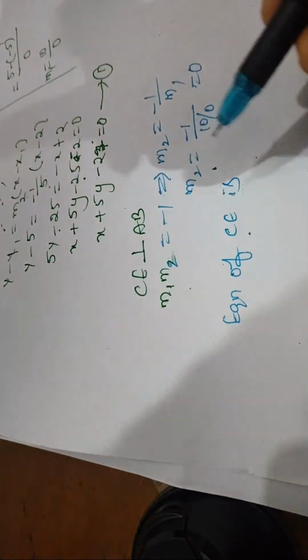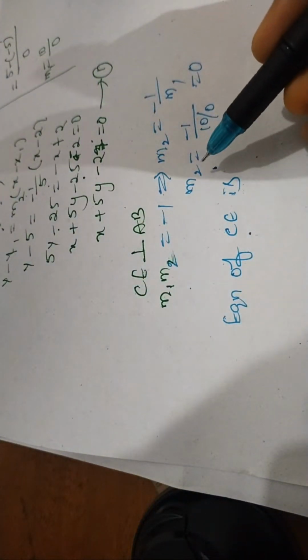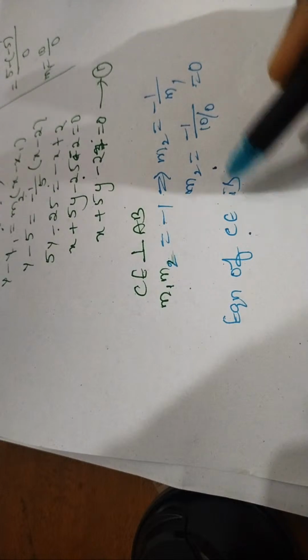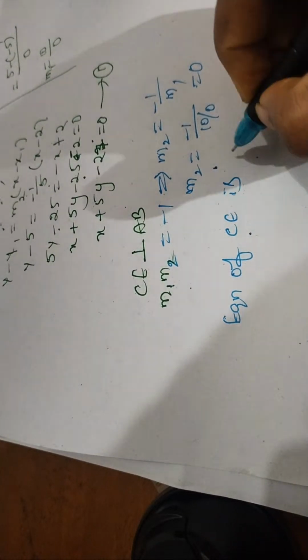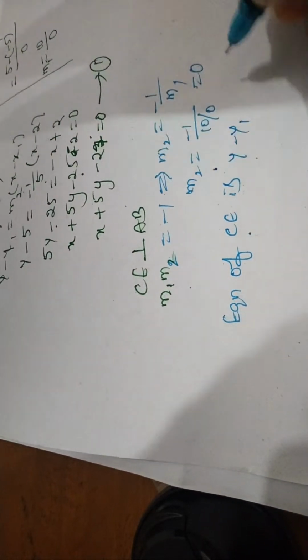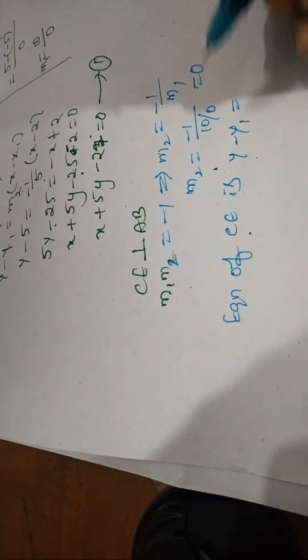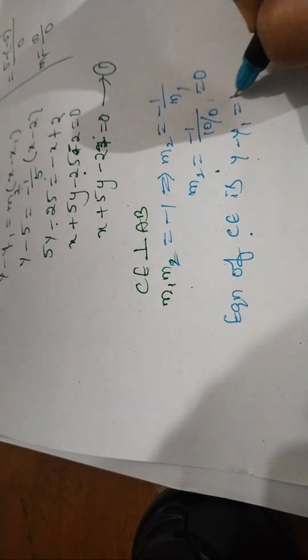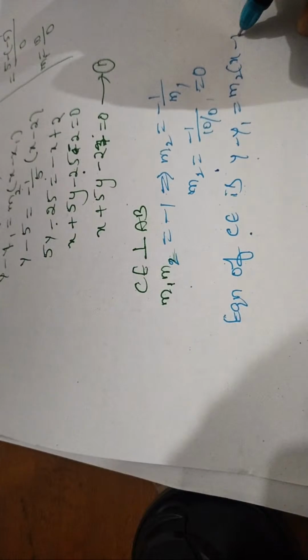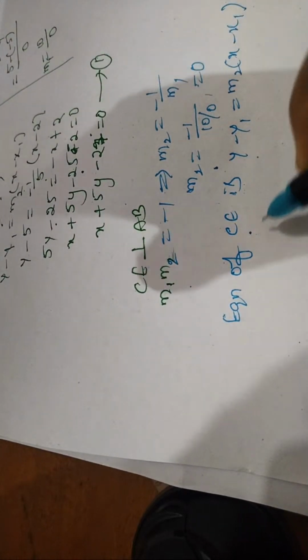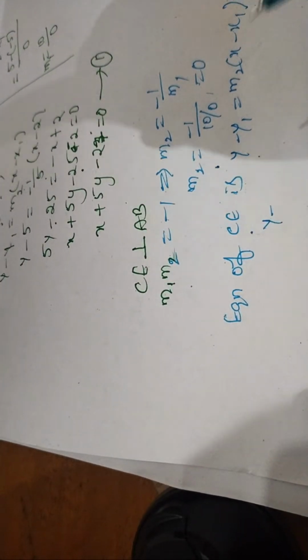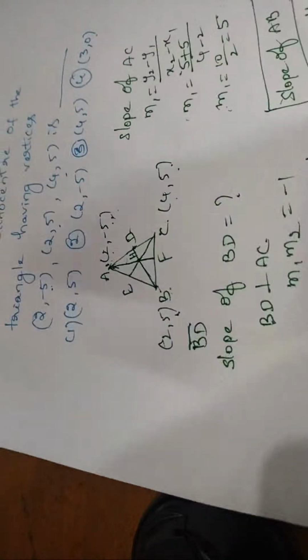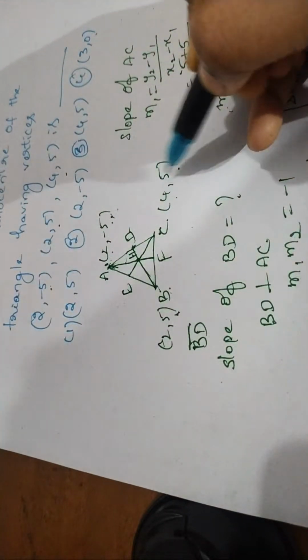We know only the C point, we don't know the E point, and we know the slope. So the equation is y minus y1 is equal to, what is the CE slope? m2. m2 into x minus x1. Now, y minus, what is the C point? We have the C point as 4, 5.